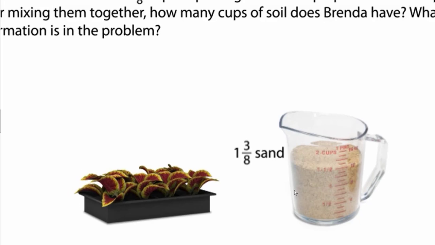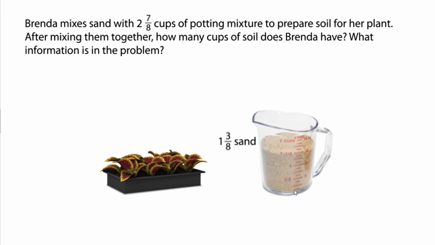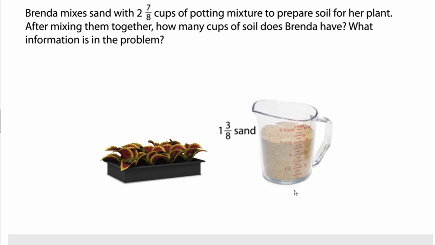So we have two things: the amount of sand and the amount of potting mixture. So these are the pieces of information that we have now, and let's see how we can use it. Thank you, my hero.